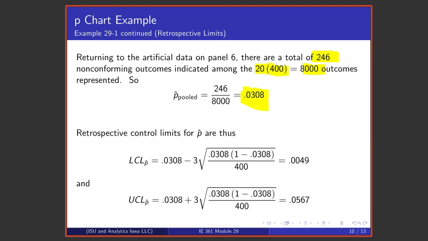Those give retrospective control limits for p hat by plugging this 0.0308 into the standards given formulas. And one then gets lower and upper control limits given on this slide.